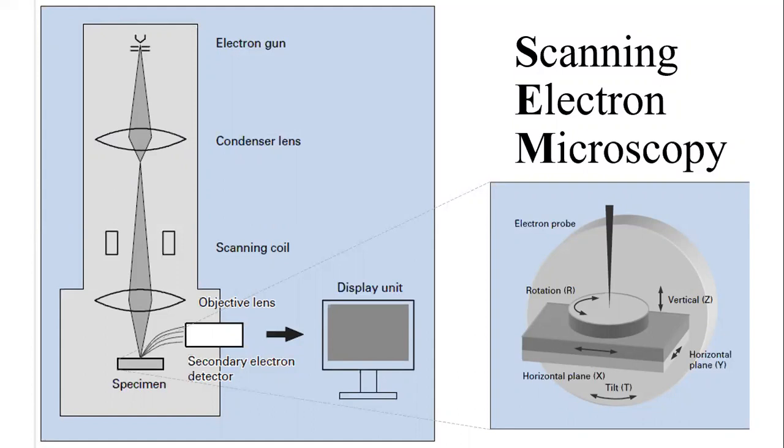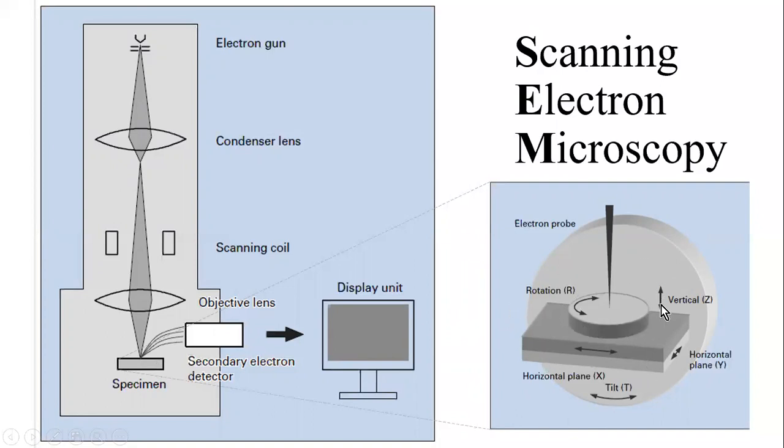And here you can see the zoom in on the specimen holder. You have the specimen here, and the specimen can rotate as you wish. You can go up, you can go down, you can go left, you can go right, you can tilt it.